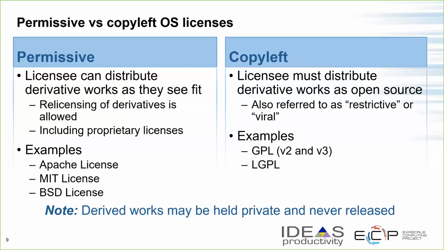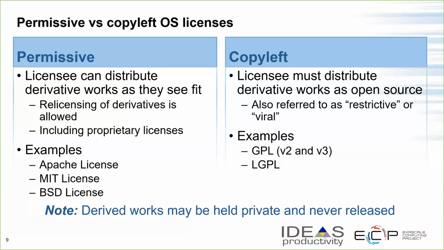Because permissive licensing says, with a derived work, you can do whatever you want. We don't care. Copyleft says, we require, actually, that the derived work be distributed also as open source, okay? Some typical examples of that include the GPL, GNU Public License, and the LGPL, which is the lesser GNU Public License.